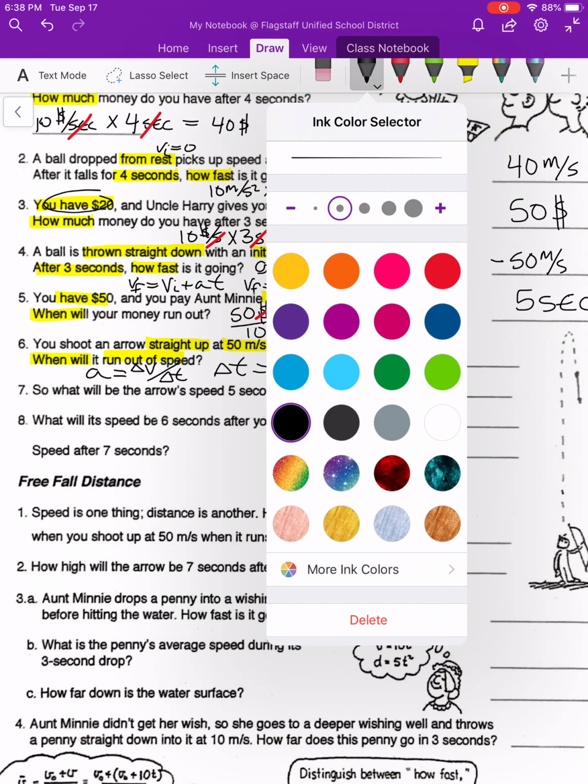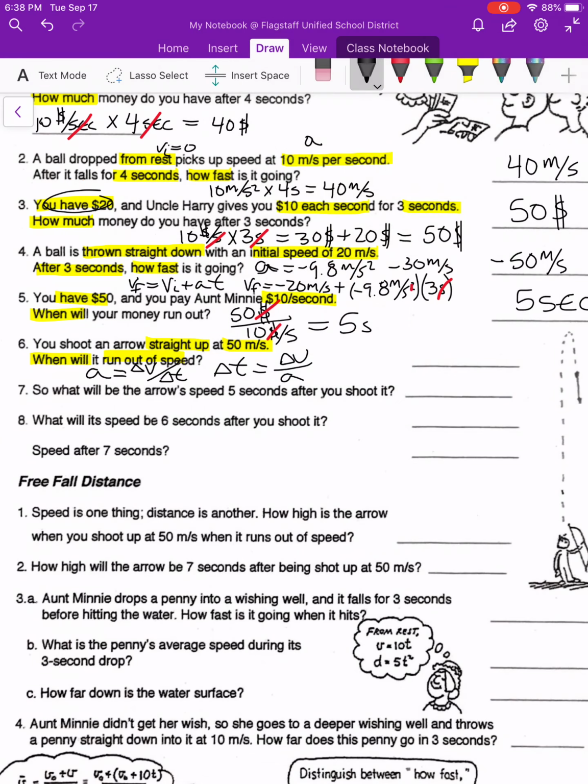So my delta V is equal to my V final minus my V initial. My V final is 0 meters per second. My V initial is straight up at 50. But because it's minus in the equation, V final minus V initial, we have minus a positive 50 meters per second.